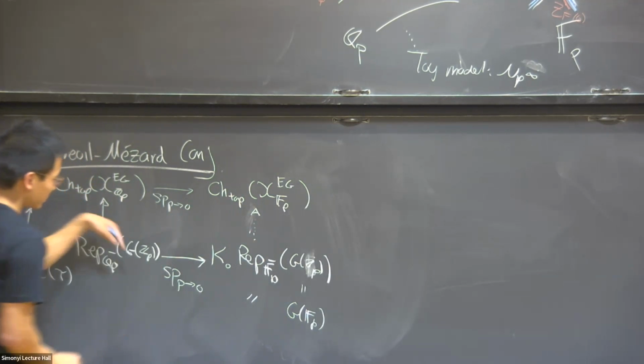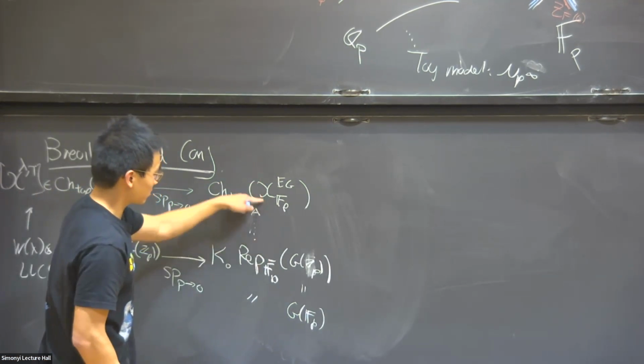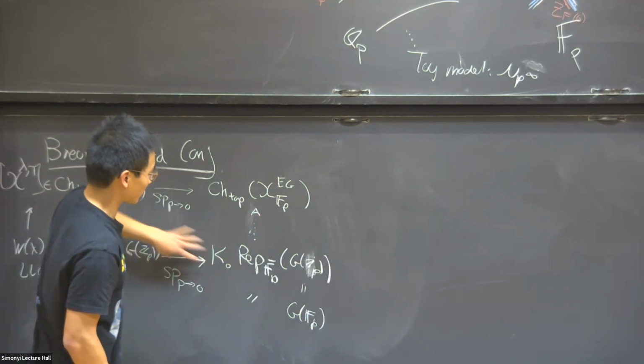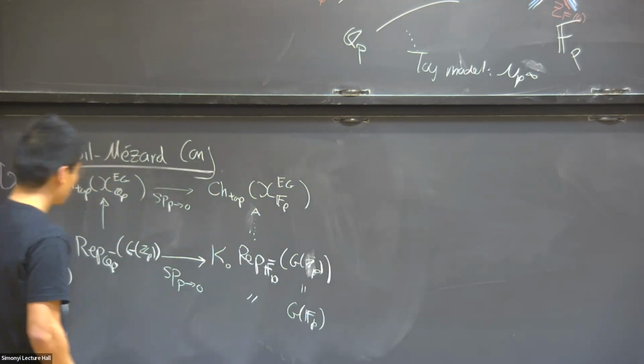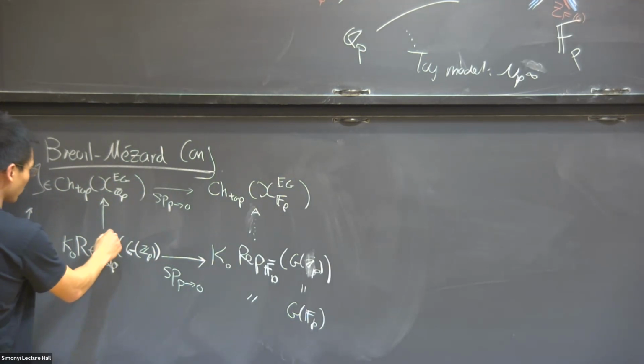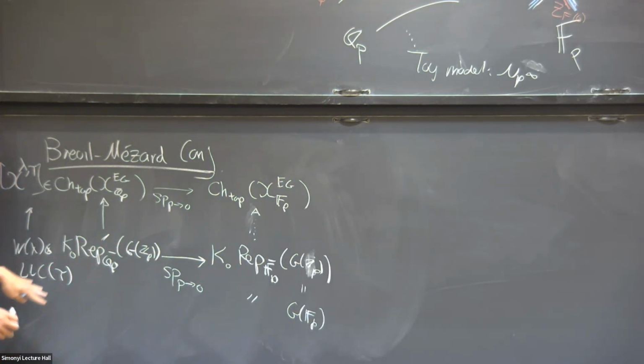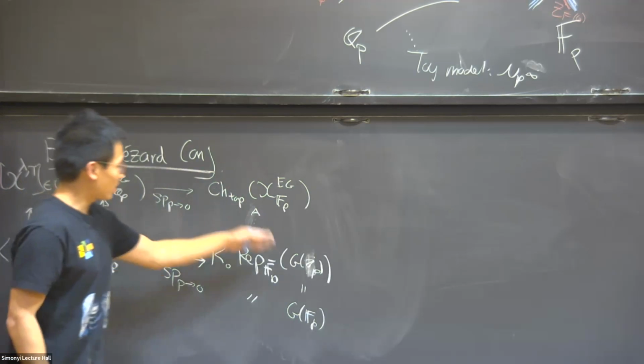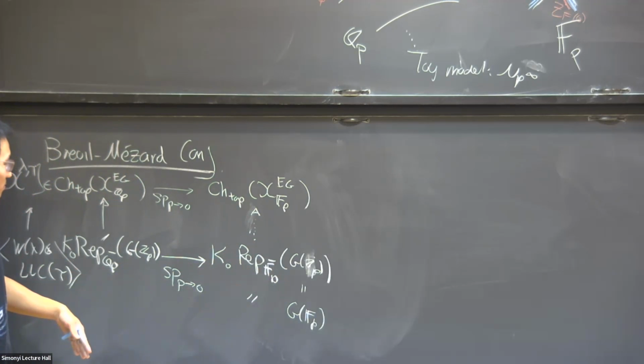And I'm going to ask that whatever this map is that's supposed to determine these Breuil-Mézard cycles, this diagram commutes. Also, you might wonder, do these really span this? So I'm only going to consider the representations which are spanned by this type of thing. So I'm going to ask that this diagram commutes.